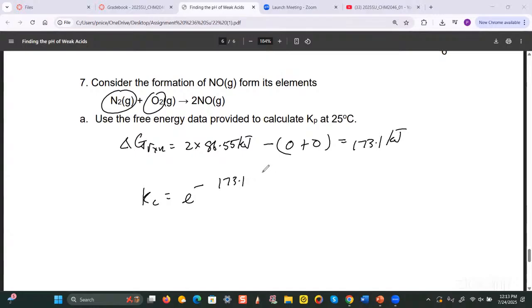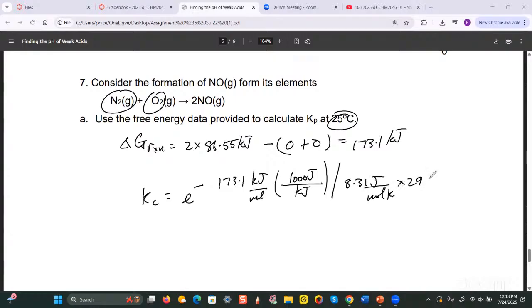Again, we have to convert the kilojoules to joules. So we multiply this by 1,000 joules over 1 kilojoule. And then we divide all of that by, as you said, R, which is in joules per mole Kelvin, times T, which is again 298 Kelvin.